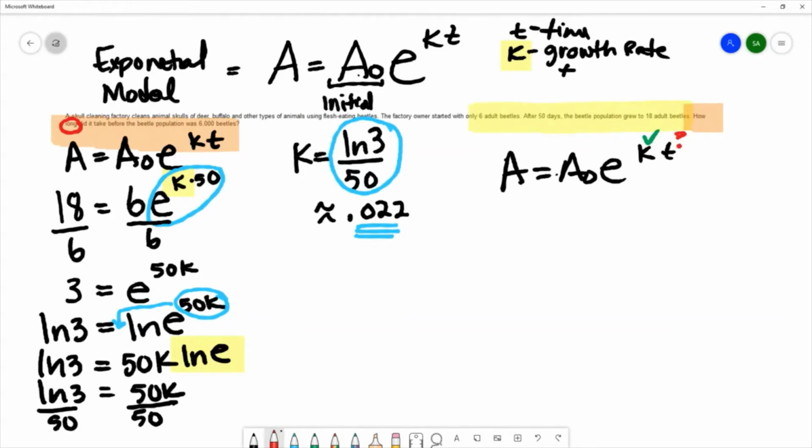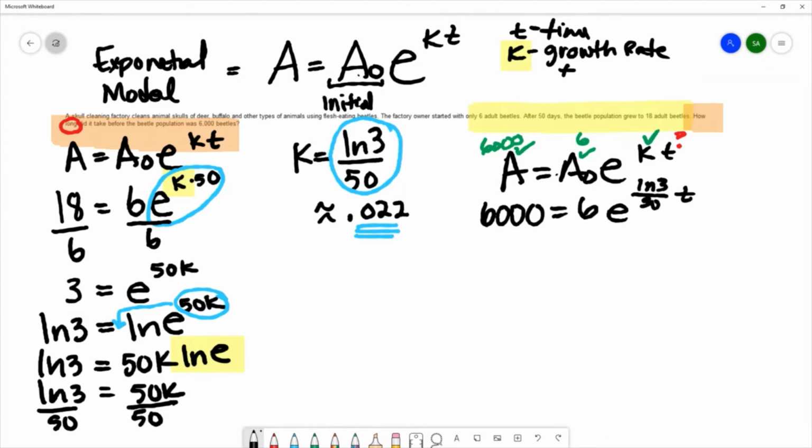And so then we've got how long does it take for the beetle population to reach 6,000? So that is our value of A. That's going to be the 6,000. Our initial population, remember, is 6. 6 beetles to start with. So we have everything except for the variable we're trying to solve for. So I'm going to substitute 6,000 equals 6 e to the natural log of 3 over 50 t.